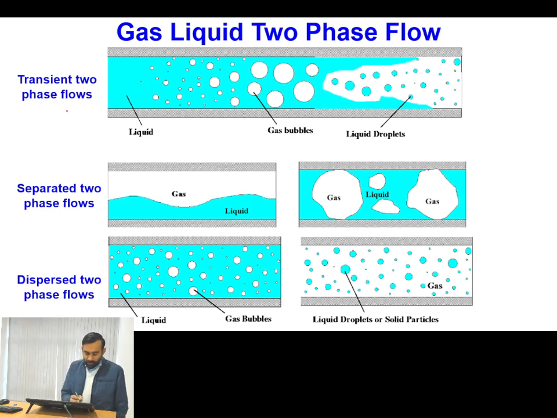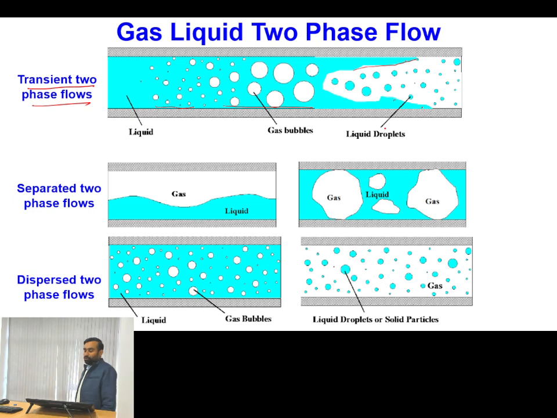Okay, so here you can see transient two-phase flow. Why are they calling it transient? Because if we have a pipe, initially within the pipe there are small bubbles, then these bubbles grow in size, and ultimately a thin film of one phase is created, where droplets of the same phase are also distributed in the other.